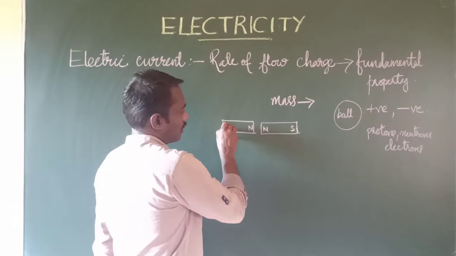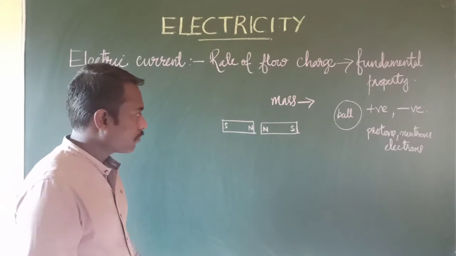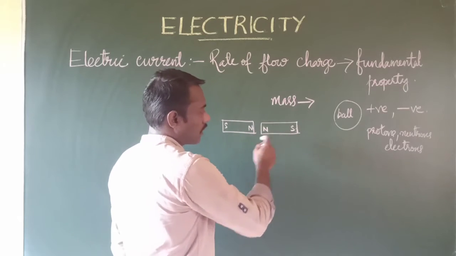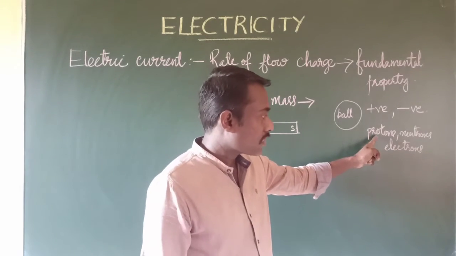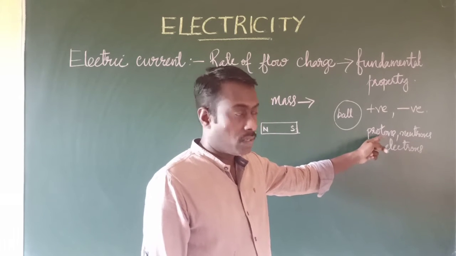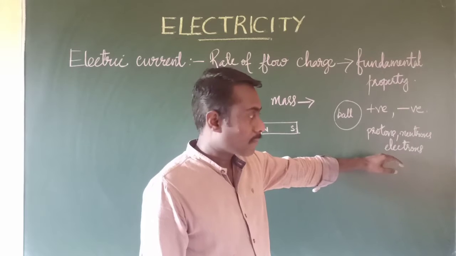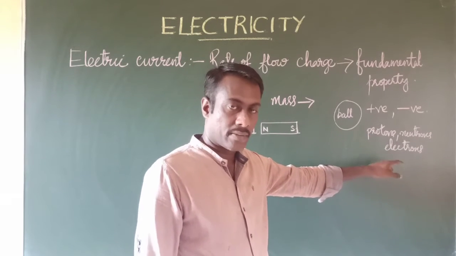When a south pole and south pole come together, they repel each other. But when a north pole and south pole come together, they attract each other. Likewise, there is an electrostatic force between protons and electrons because they are opposite charges. Protons are positively charged and electrons are negatively charged.